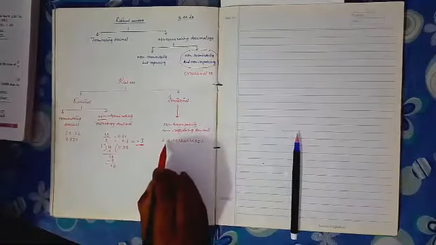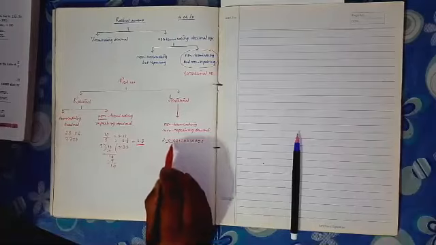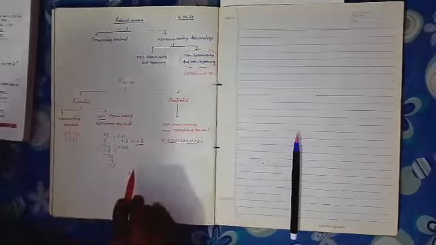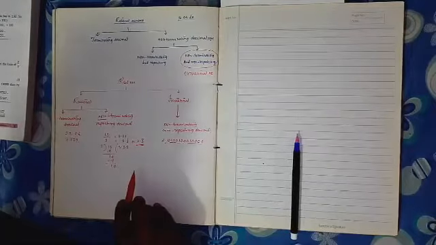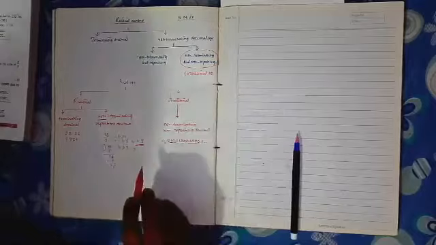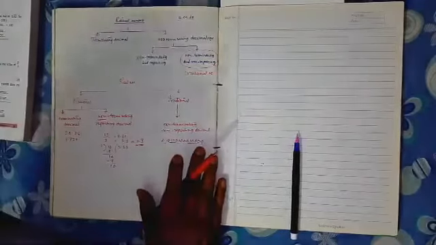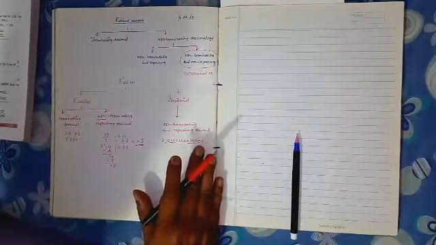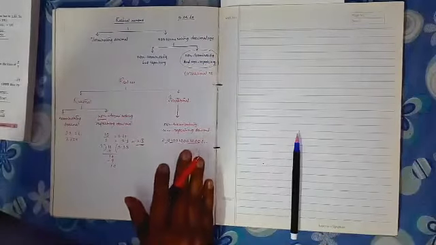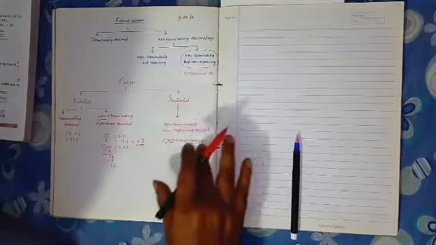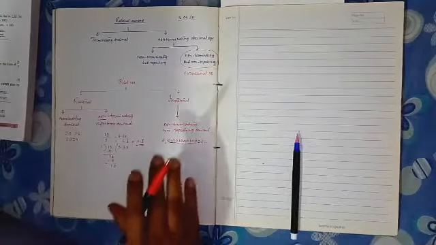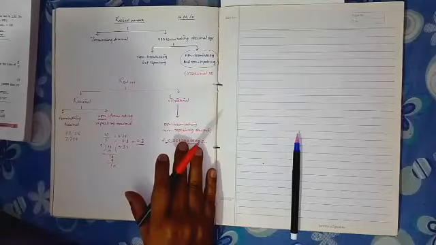So we cannot say that 10 is repeating. First 10, then 100, then 1000, then 10,000, like that. This is going on. So this is non-terminating and non-repeating. And whenever a number is non-terminating, non-repeating, the number is said to be an irrational number. Clear?